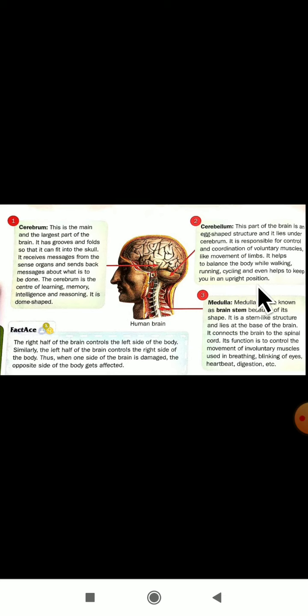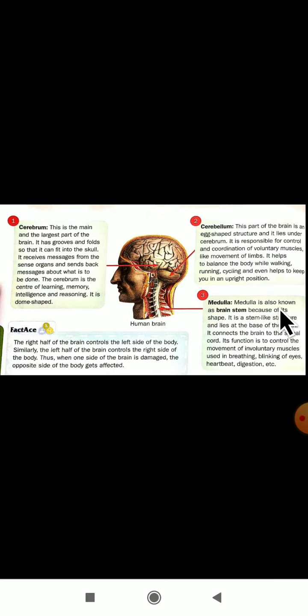It controls the voluntary muscles, for example the skeletal muscles like eyes, nose, legs. We can control these. If you want to walk, you will walk. If you want to stop walking, you will stop. This work is done by the cerebellum.